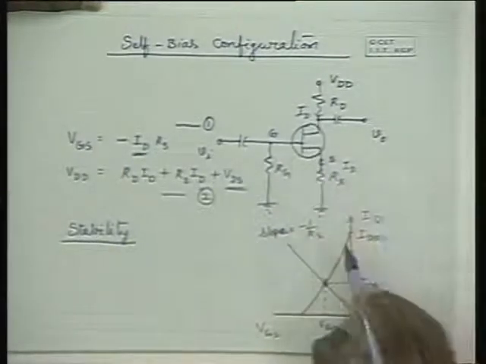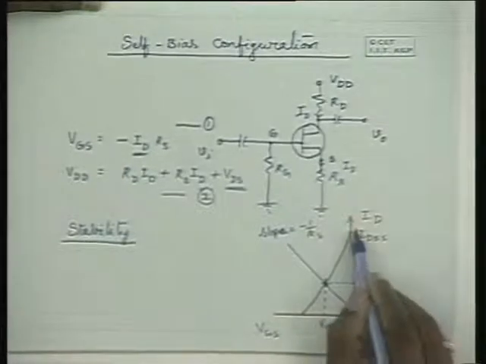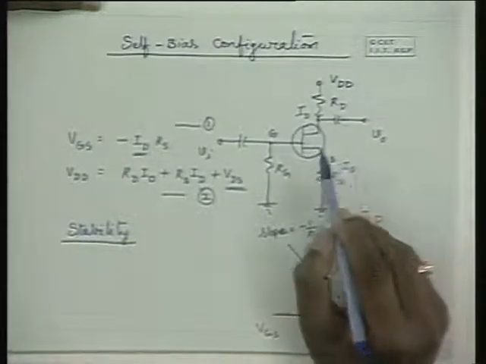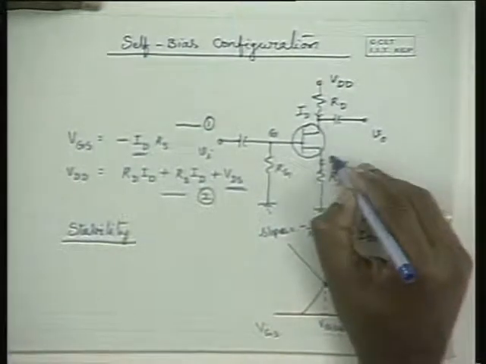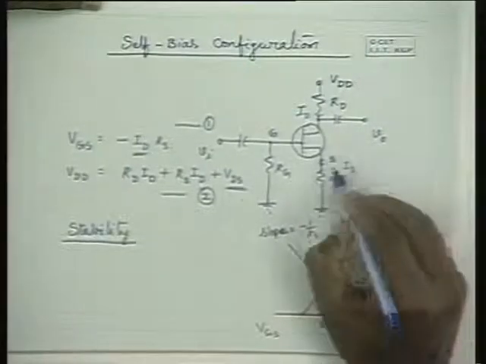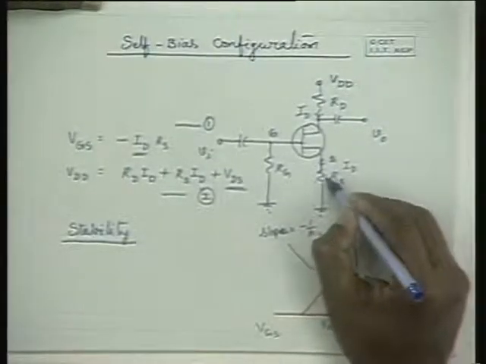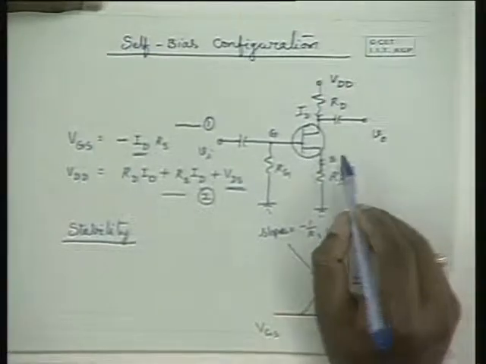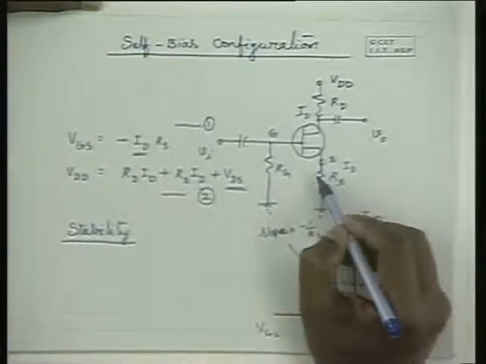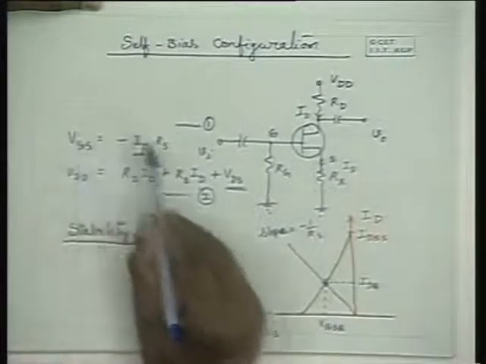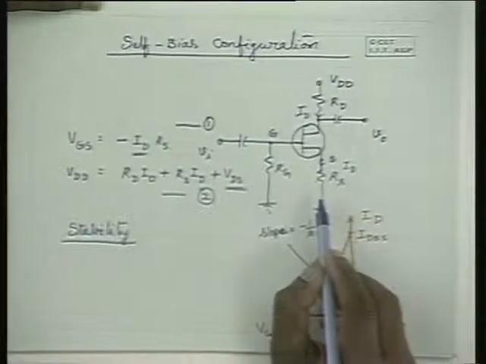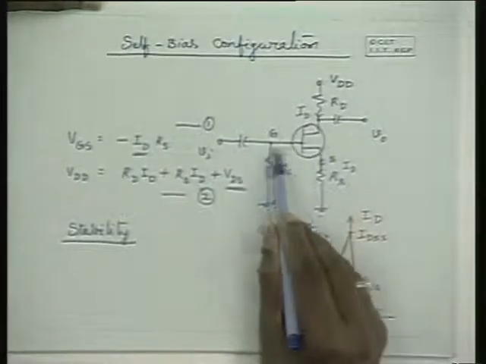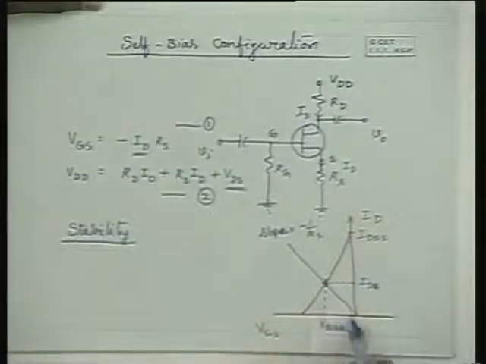Because of the difference in the transfer characteristics, if ID tries to increase, then the voltage drop across Rs increases. That means the gate to source reverse potential increases, because VGS is equal to the voltage drop across this with opposite sign. So if ID increases, the reverse potential increases, and if reverse potential increases, ID decreases.